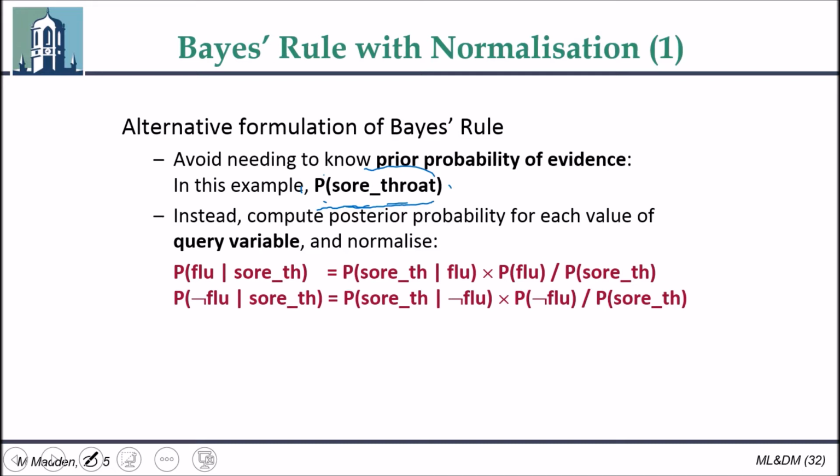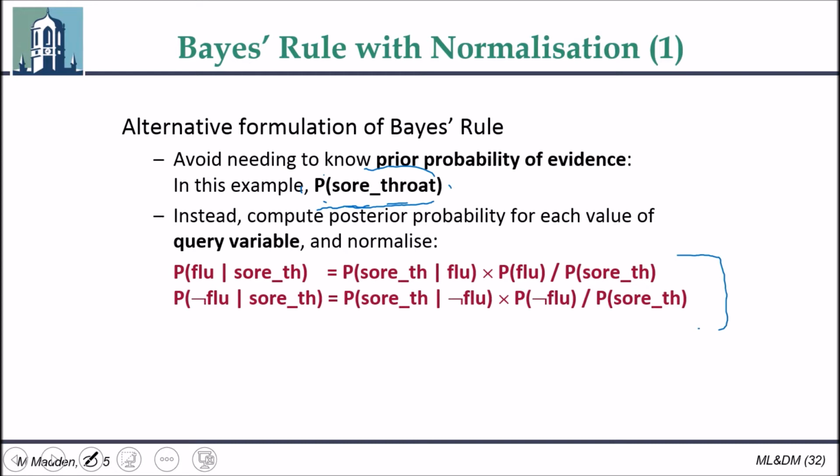Strictly speaking, we're computing the posterior probability for each value of the query variable, and then we're normalizing. If we take a look at these formulas, the probability of the flu given the sore throat is the probability of sore throat given flu multiplied by the probability of flu divided by the probability of sore throat.